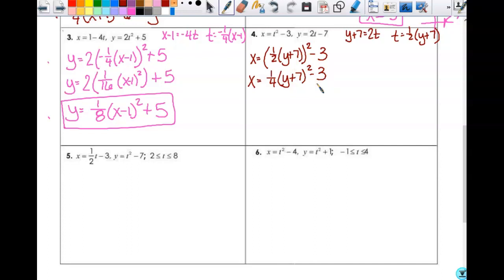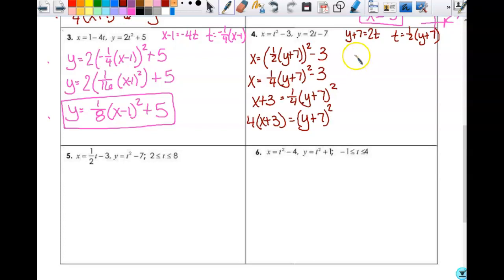And I need to solve for y, so that'll give me x plus 3 equals 1/4 times y plus 7 squared, multiplied by 4. I don't want to square out that y plus 7, or at this point, if I'm trying to get that undone, I'm going to take the square root of both sides.